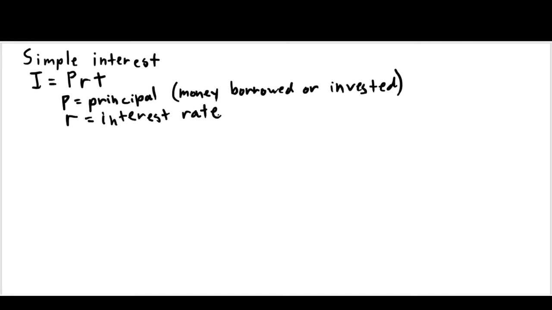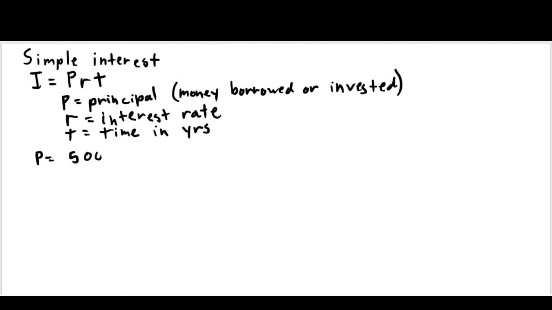The way interest is determined, it's using a percentage rate, so you would say like a 2% or a 3% interest. In the formula, the interest rate is given as a decimal. And T is the time in years.